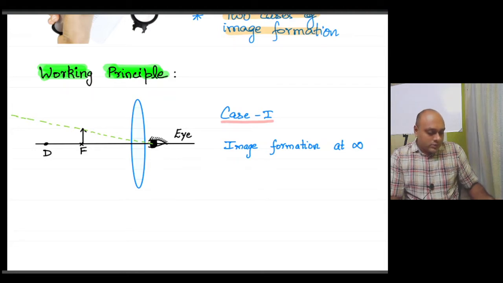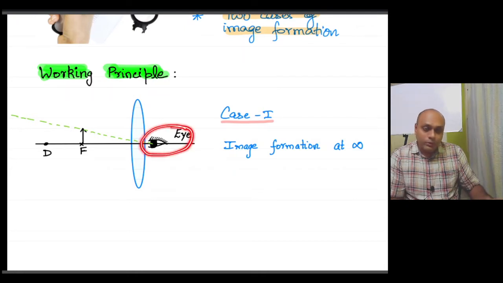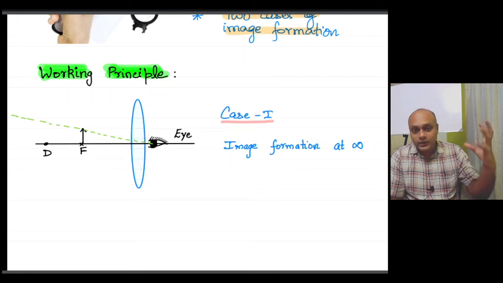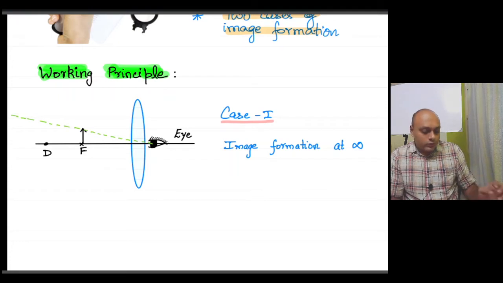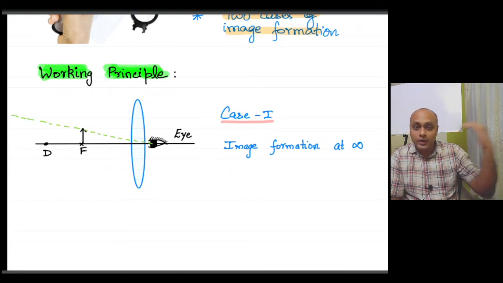Now when the image formation takes place at infinity, it will be a virtual image, and the human eye is capable of seeing a virtual image directly. So for the human eye, the image formation is at infinity, so the image is at the far point, and the human eye can see that image at the far point.